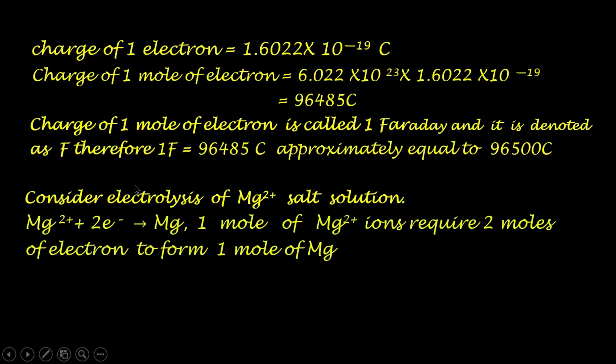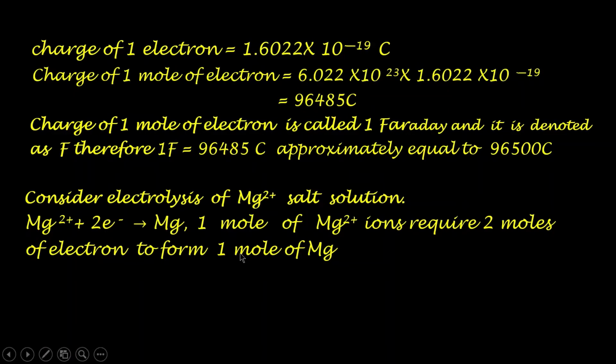At the cathode, 1 mole of Mg2+ ions will gain 2 moles of electrons and deposit 1 mole of magnesium. So 1 mole of magnesium ions requires 2 moles of electrons to form 1 mole of magnesium.